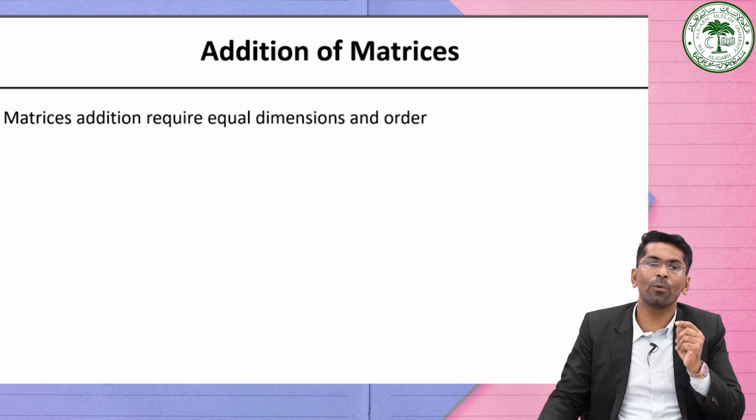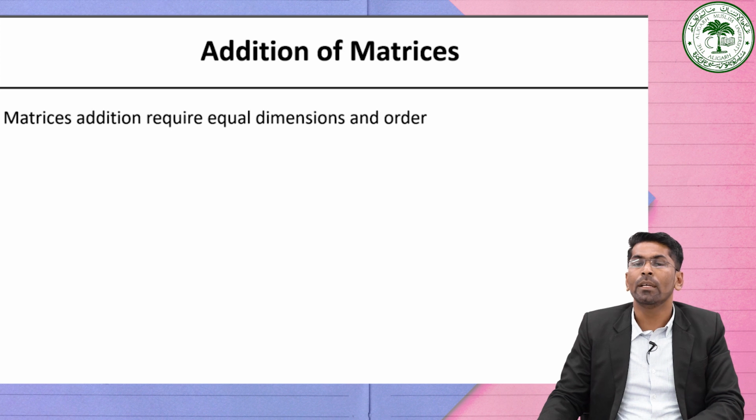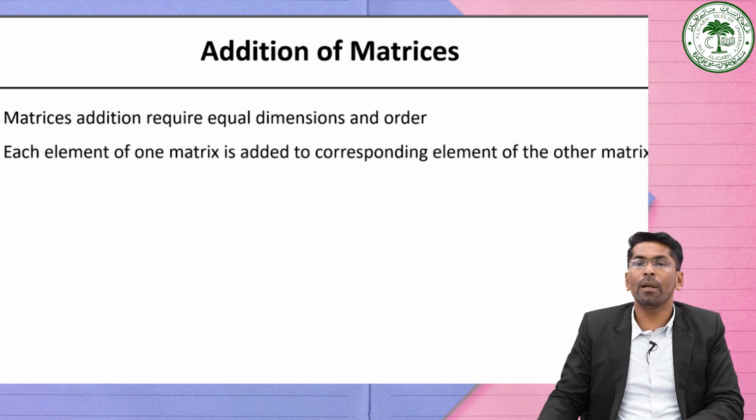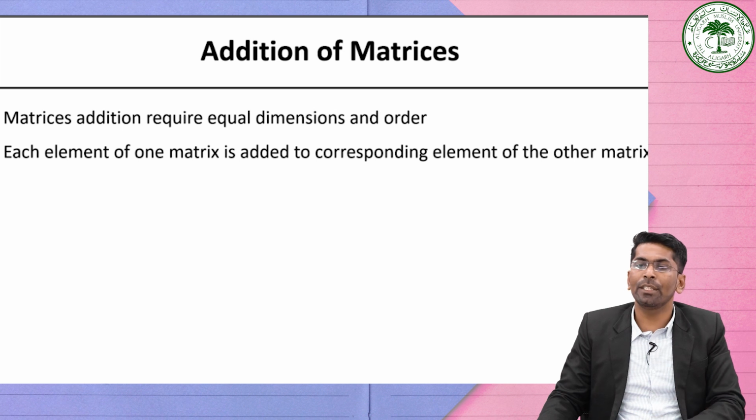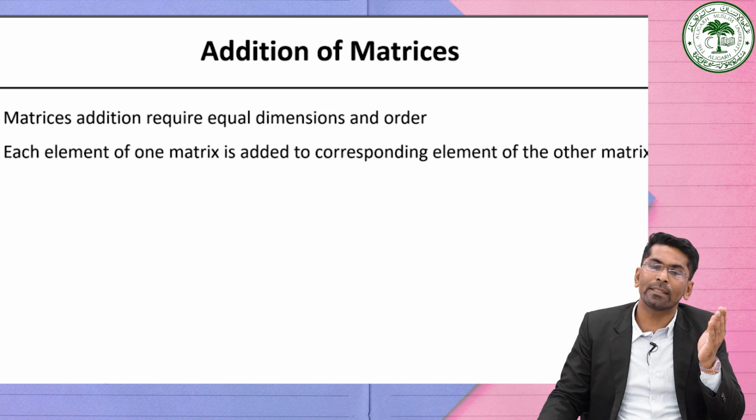So one important requirement for the addition of matrices is equal dimension and order. In this case, each element of one matrix is added to the corresponding element of the other matrix. Thus, in matrix addition, corresponding elements of two matrices are added together to form a new matrix.